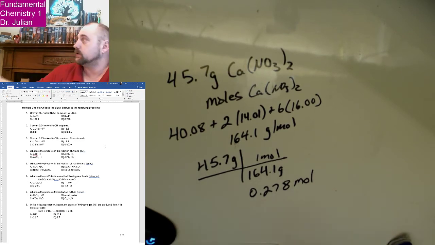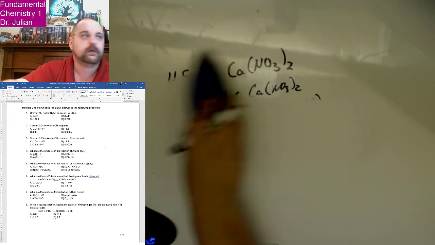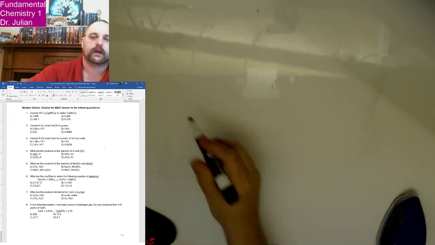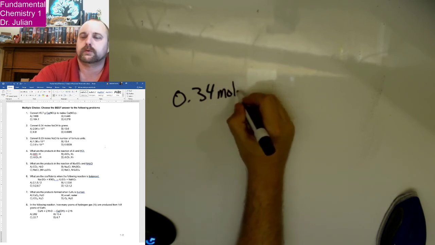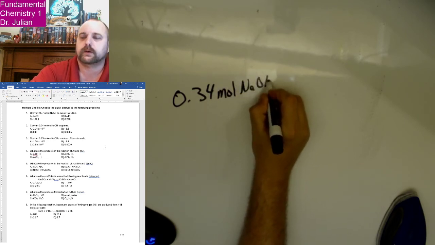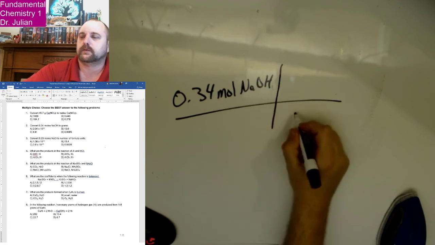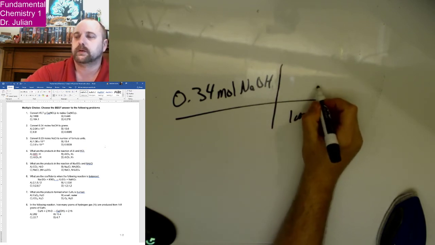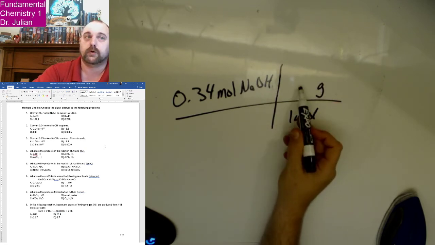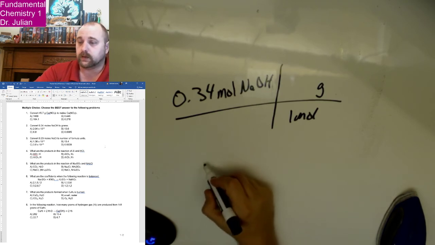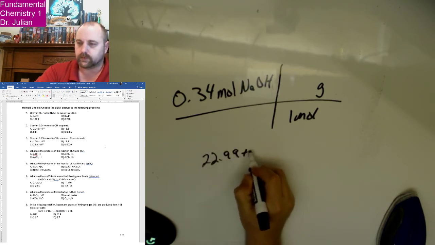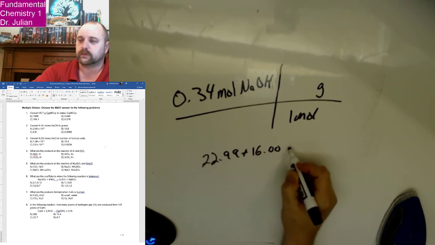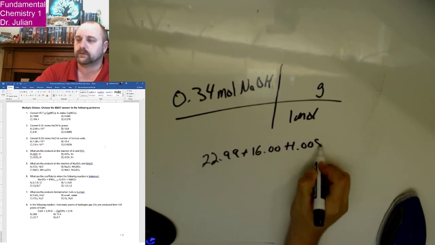Okay. The next one, we're going to go moles to grams. 0.34 moles NaOH. So 1 mole on the bottom, so many grams. To get that molar mass, Na is 22.99 plus 16.00 plus 1.008.